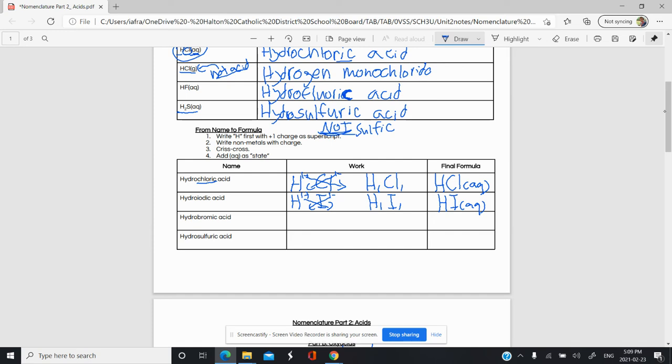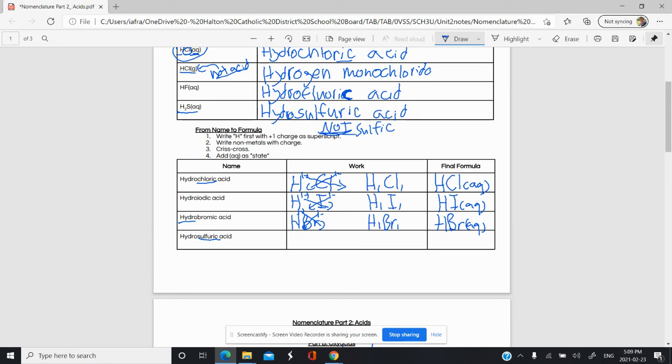Hydrobromic acid. So again, binary because there's the word hydro in the front. H, Br, H 1 plus, Br 1 minus, crisscross it, we get H1, Br1, which is HBr, and then AQ.